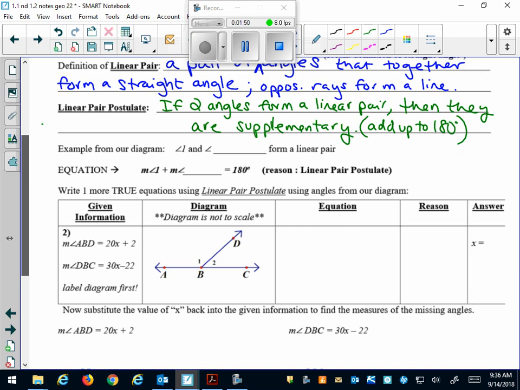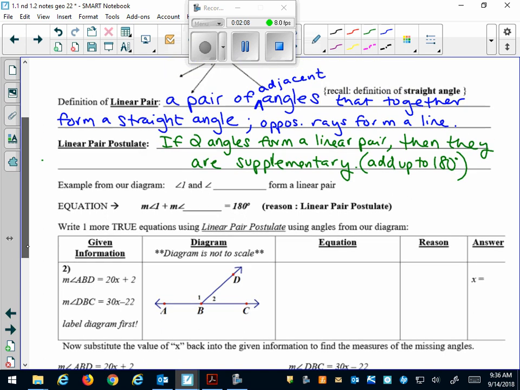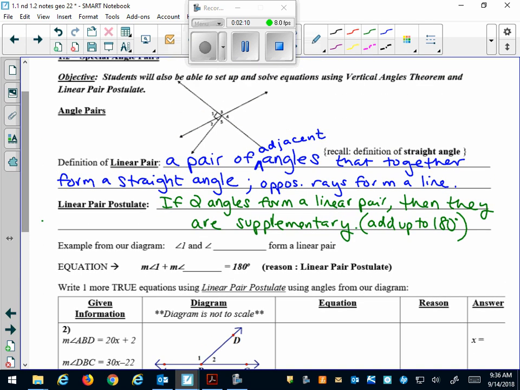No. Okay? So it's not like one term can be replaced with the other term. They're not the same thing. It's just that all linear pairs, in order to be a linear pair, it turns out that they're all going to be supplementary.